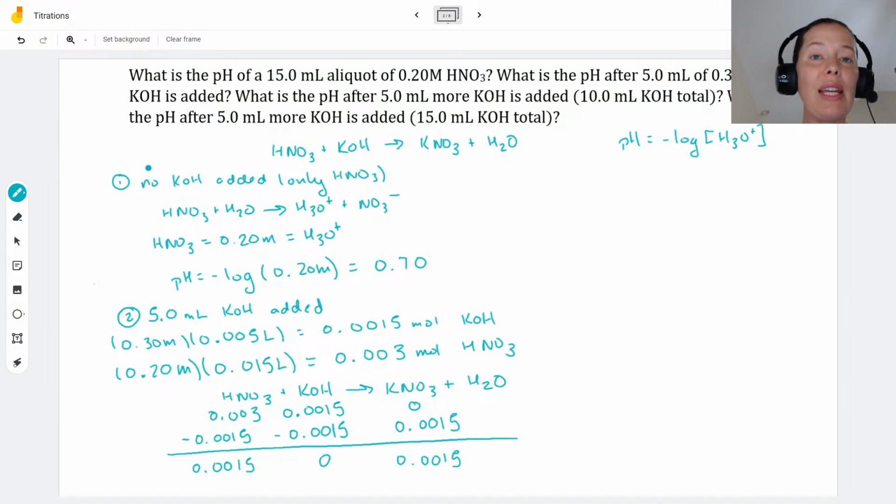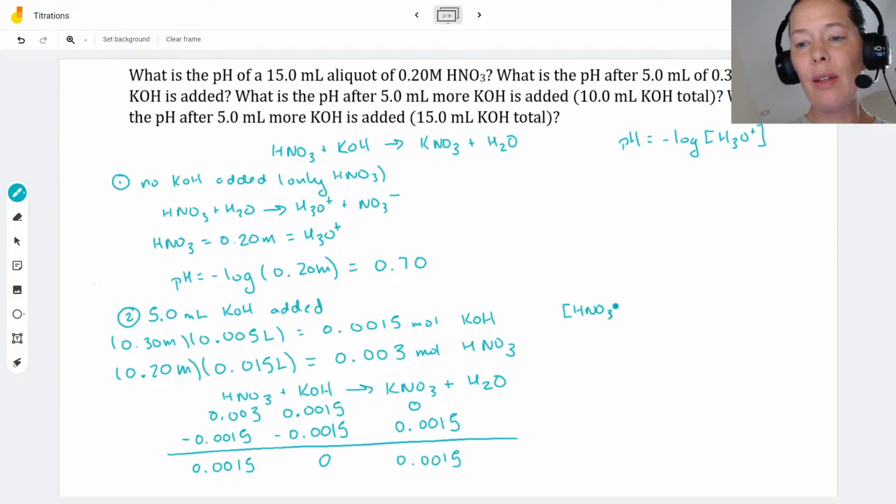So to calculate the pH, we need to know the concentration of nitric acid, which will be the concentration of hydronium ion, which we will use in our calculation for pH. Okay, so let's get our concentration for nitric acid. Well, we know from our quasi-ice table, again, remember, this is not an equilibrium, that we have 0.0015 moles.